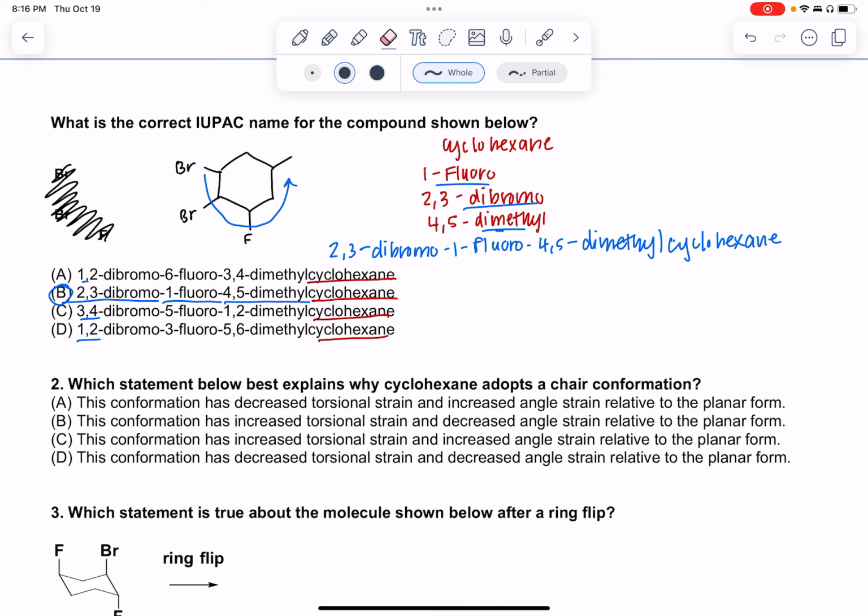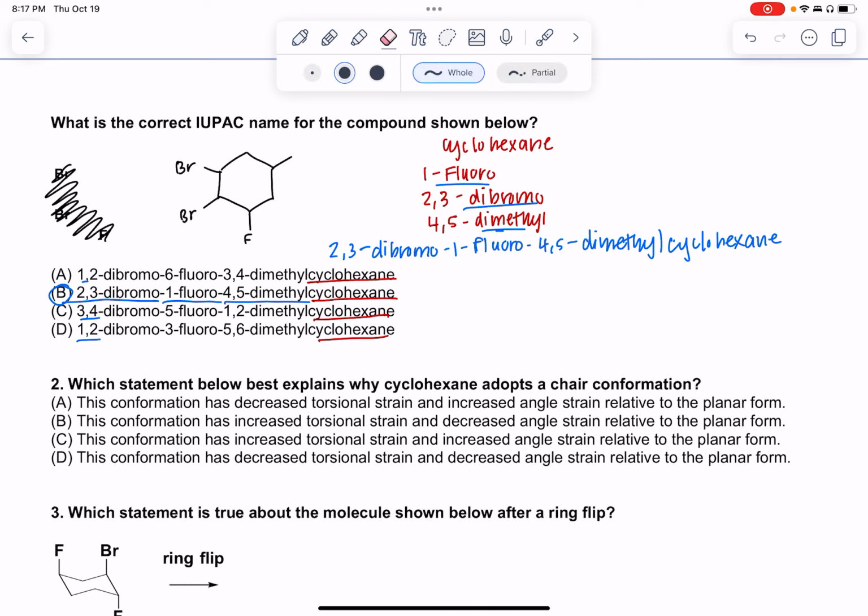So your numbering would look like, for this compound, 1, 2, 3, 4, 5, 6. And then you just do the same process. Cyclohexane, it has a 1 and a 2 dibromo, it has a 3 fluoro, and a 5 methyl. So just be careful and look for groups.